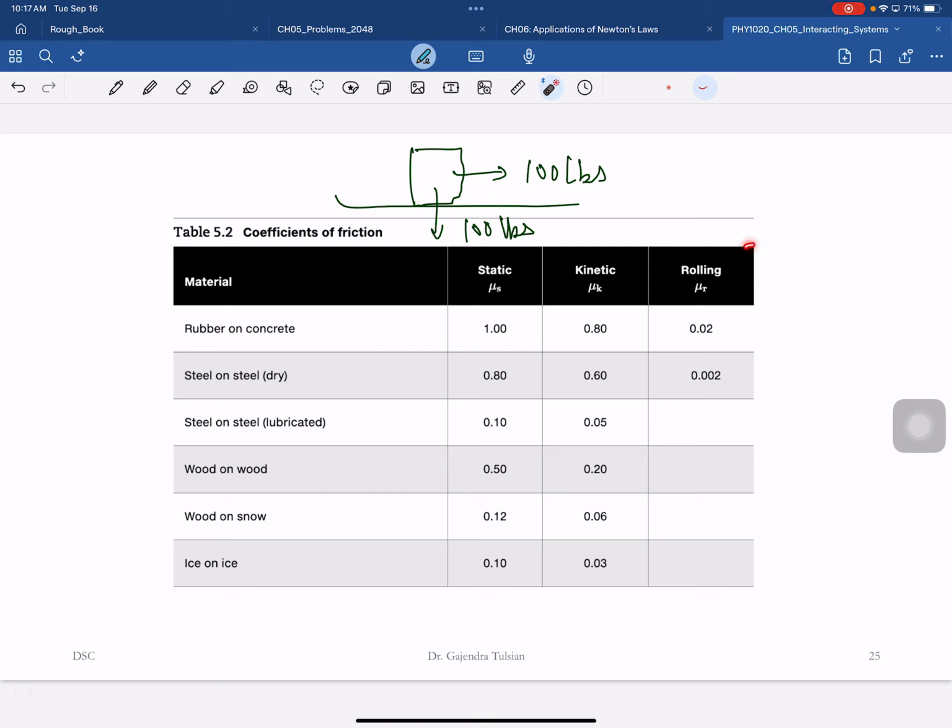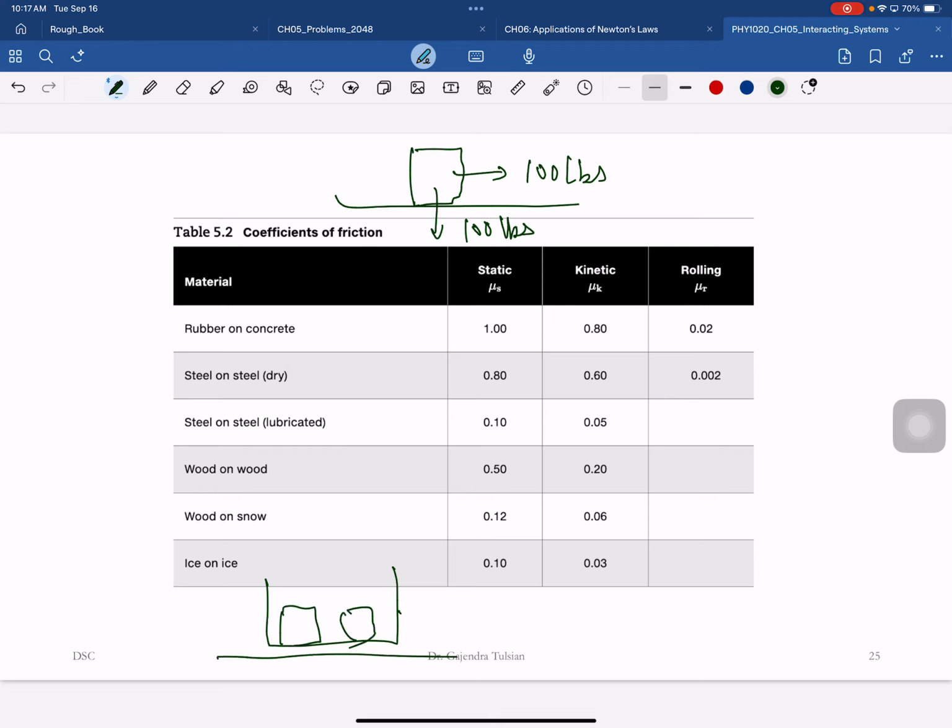So there are three kinds of friction we'll talk about: static friction, kinetic friction, and rolling friction. The coefficient of rolling friction is much smaller than kinetic friction. So if you wanted to transport some stuff, you put it in a cart. Here are bags that you're trying to transport. Here's the ground.